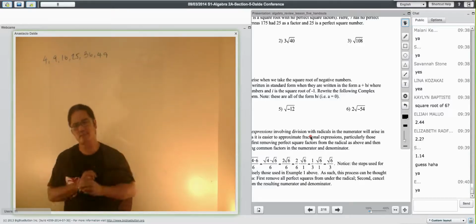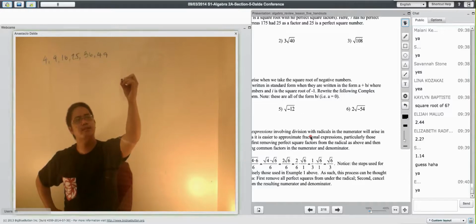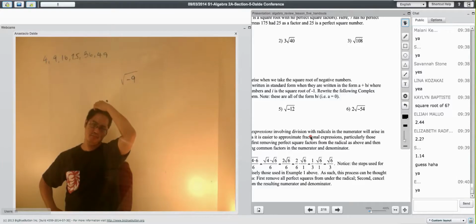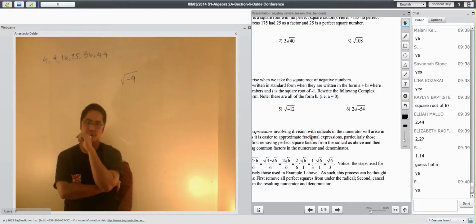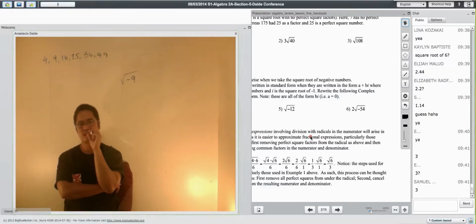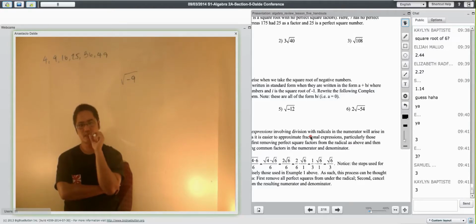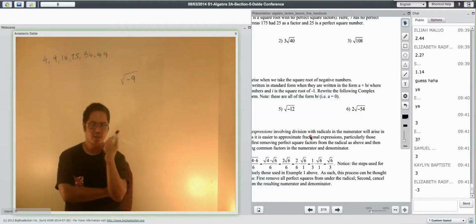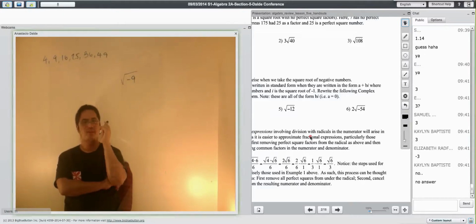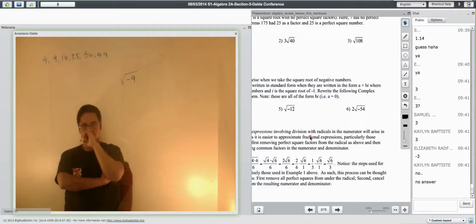For example, what is the square root of -9? What's the square root of -9? 3? Okay, all of you guys are saying 3. Some of you guys are saying -3 because of the 9 there, right?